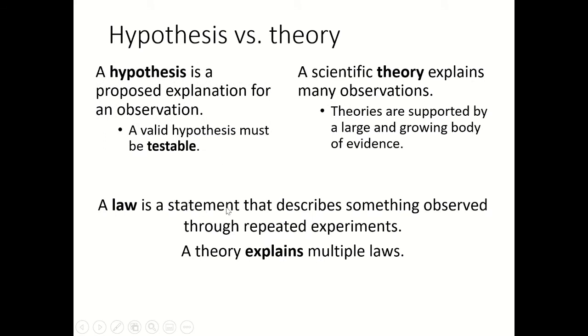A law is a statement that describes something observed through repeated experiments. So a theory explains laws. There is a law that carnivores eat other animals. That's just a law. Gravity is a law. Gravity is a law that says that smaller things are pulled toward larger things.